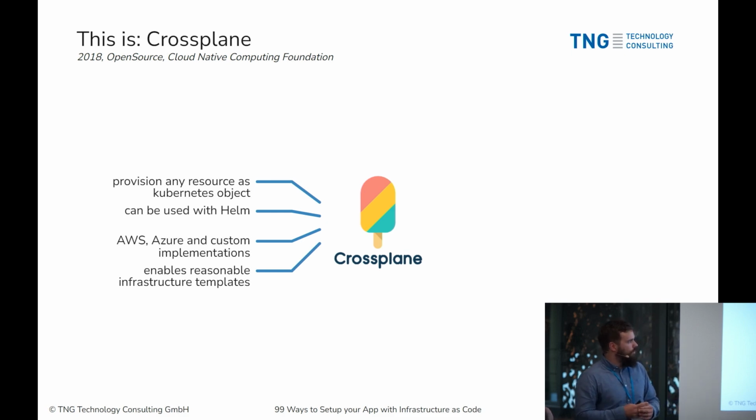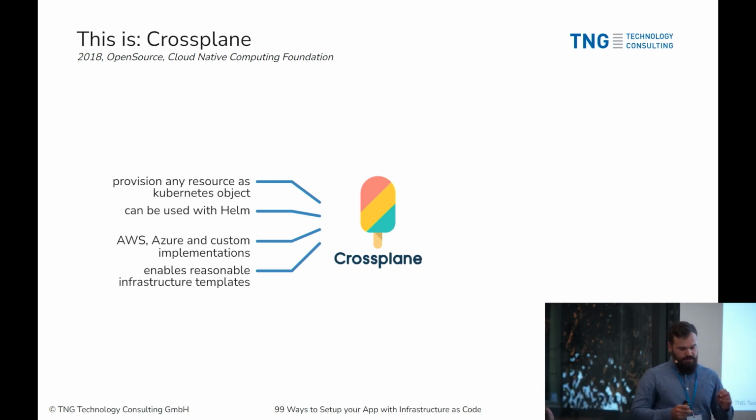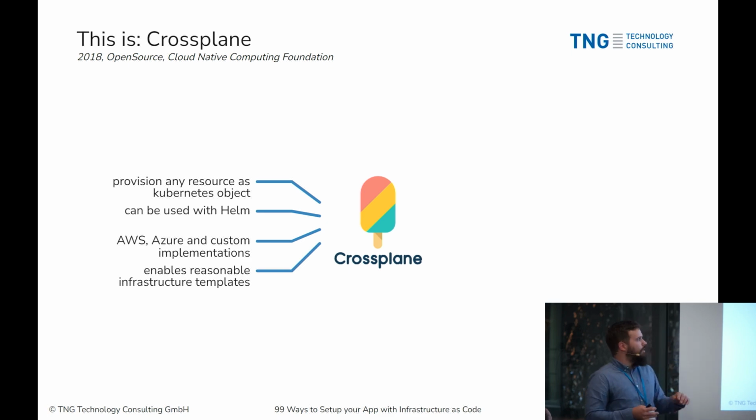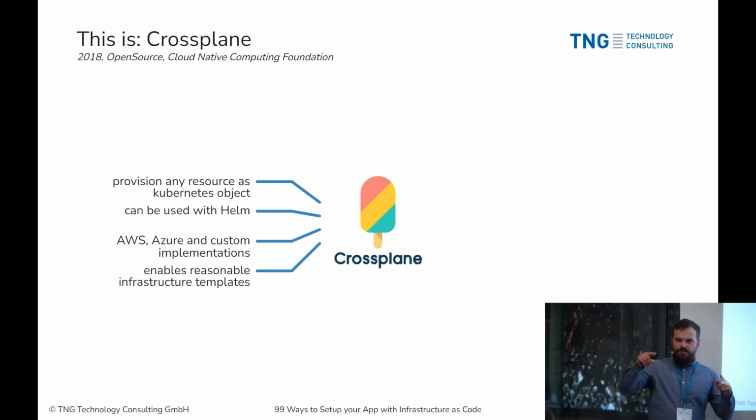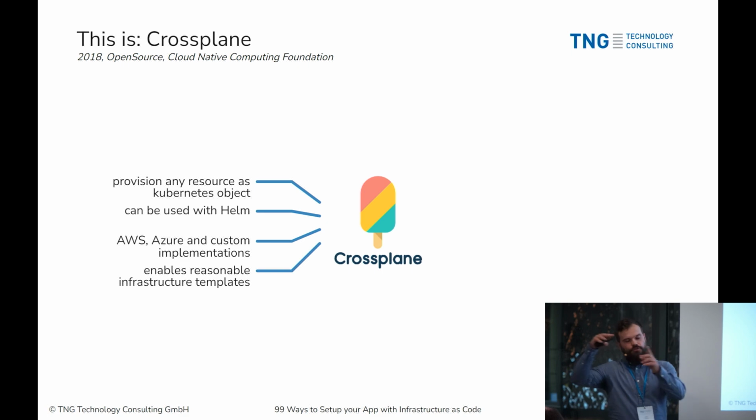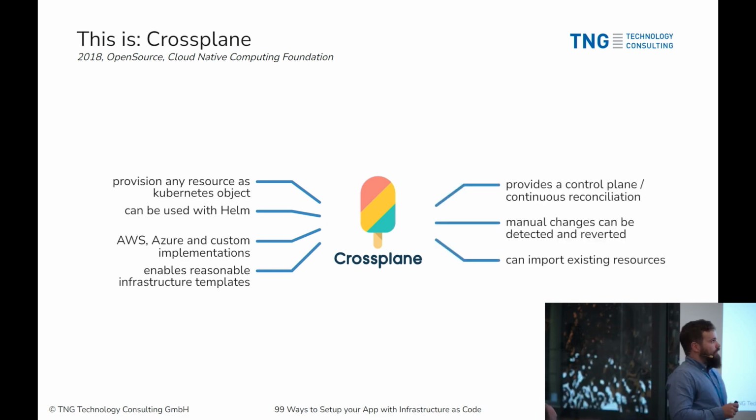And this is the major game changer compared to tools such as Terraform: it enables you to provide reusable infrastructure templates. So you don't define it once, but you define a template of how the infrastructure should look in a Kubernetes format. How is it done? The main important thing is the continuous reconciliation done by the control plane, which continuously compares the state of what you define in code and the actual state. You can define how often it iterates.